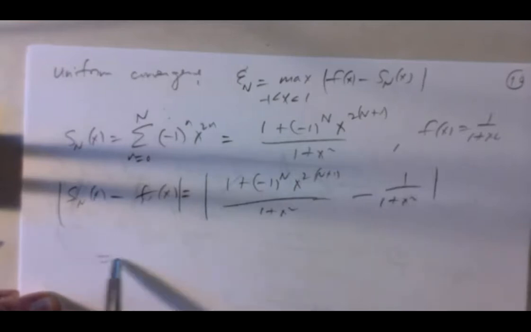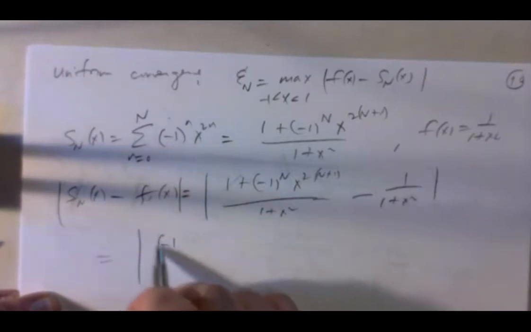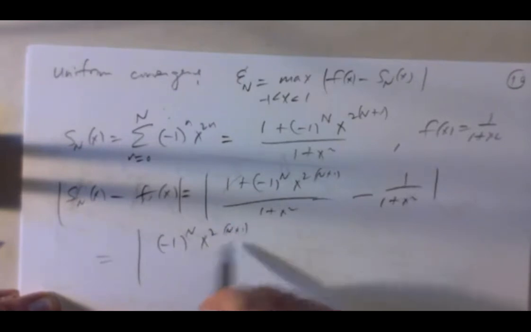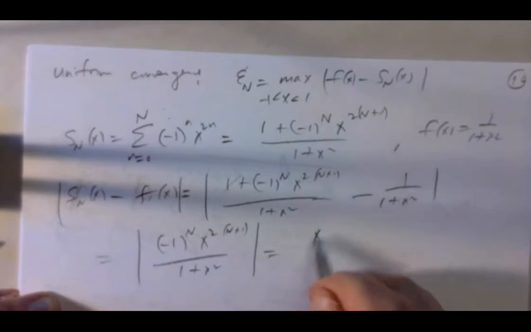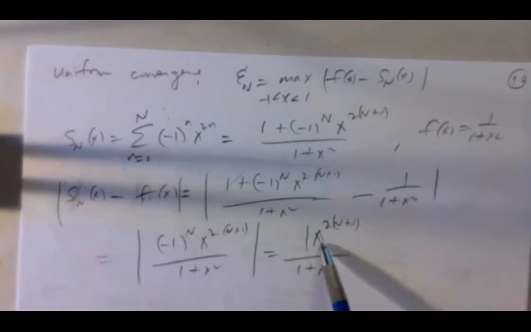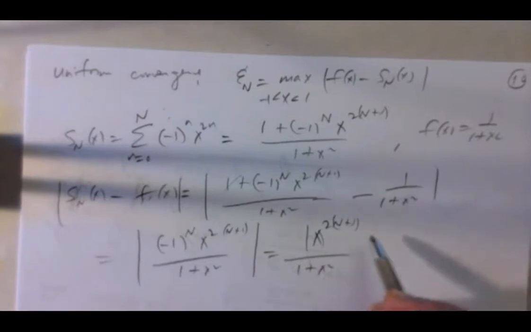These cancel. This is minus 1 to the n, x to the 2n plus 1 over 1 plus x squared, which is x to the 2 times n plus 1 over 1 plus x squared. What's the maximum of this?